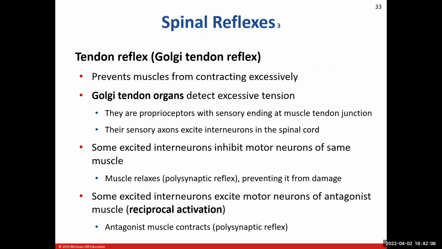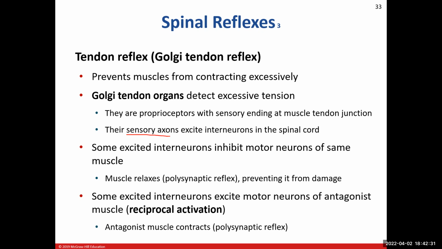All right, so what we're going to see here is our Golgi tendon organs are going to have their own sensory neurons. And in this case, our sensory neurons, when they travel to the spinal cord, will be excitatory on an interneuron that sits inside the spinal cord here.